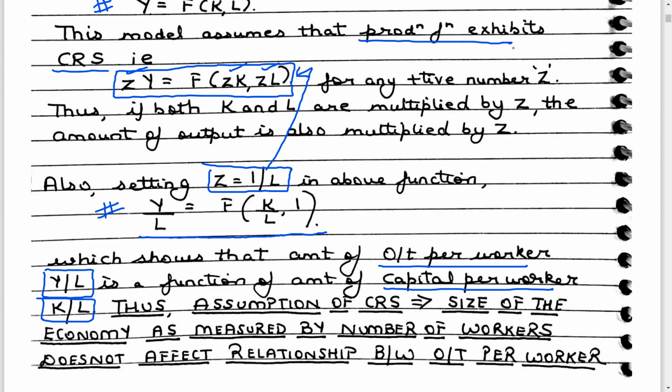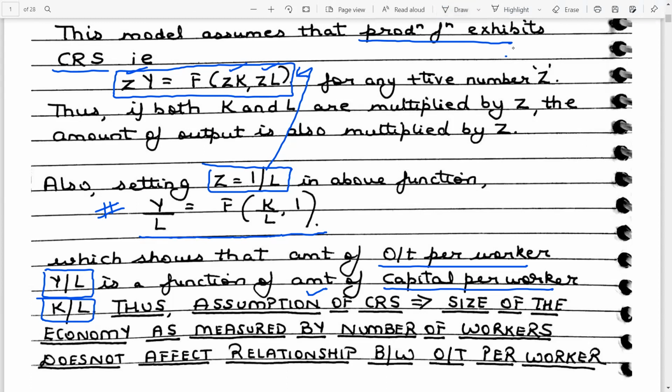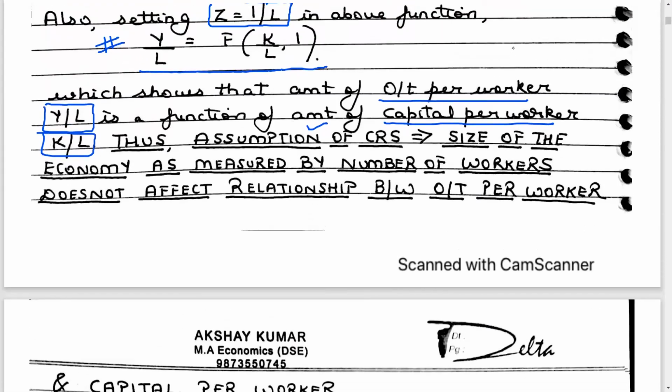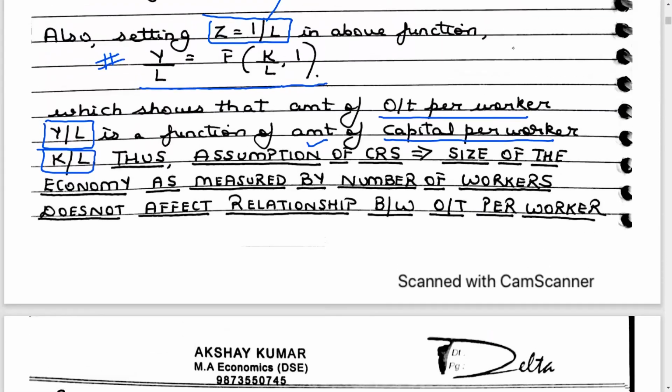So the assumption of constant returns to scale implies that the size of the economy, as measured by the number of workers, does not affect the relationship between the output per worker and the capital per worker. What this is trying to point out is that in the Solow economy, the production function exhibits constant returns to scale.